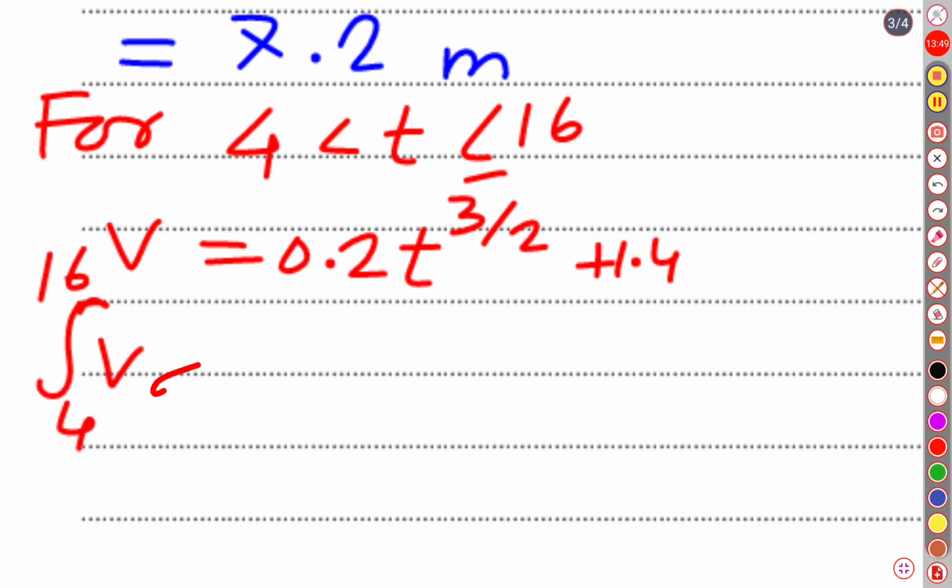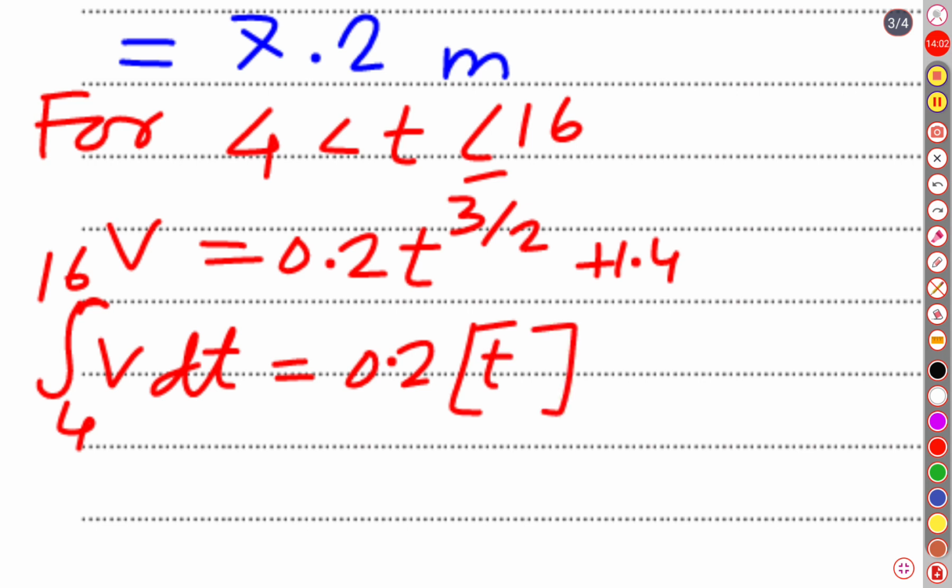In terms of time, if we integrate this, it is going to be 0.2 times t raised to... sorry, I'm not integrating yet. So for integration the power is increased by 1, so it is 1.5 plus 1, that is 5 over 2.